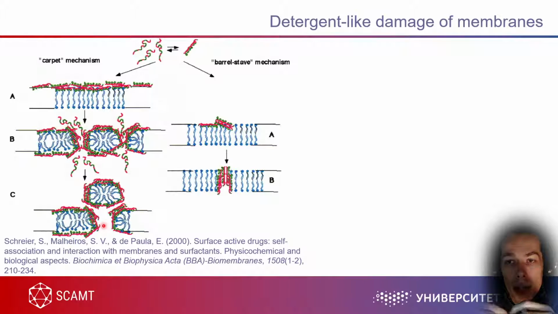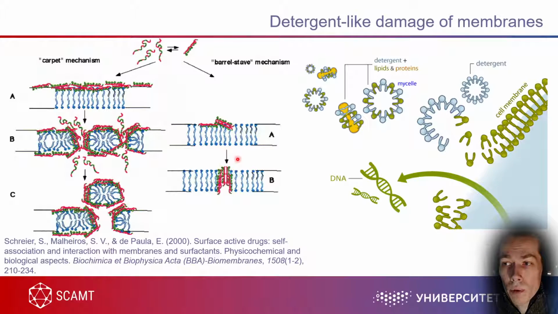And in some cases, when you have some special kind of surfactants, they can form so-called barrel-stave mechanisms. They can form channels in the cell membrane, and these channels are not very good for the cell, because this also will affect ion gradients and transport through the cell membrane and so on.